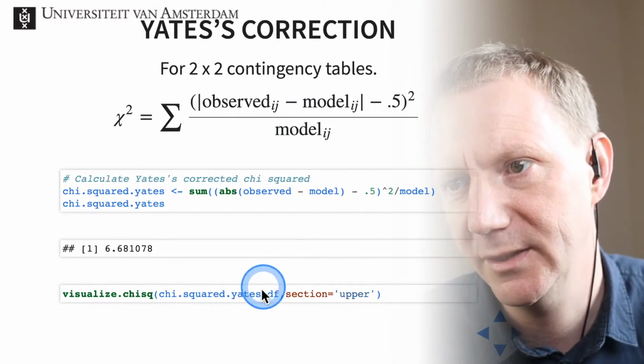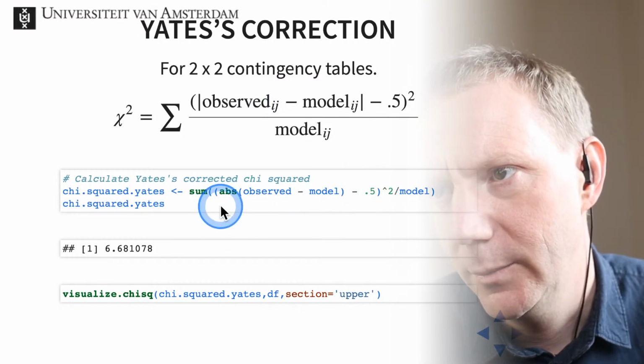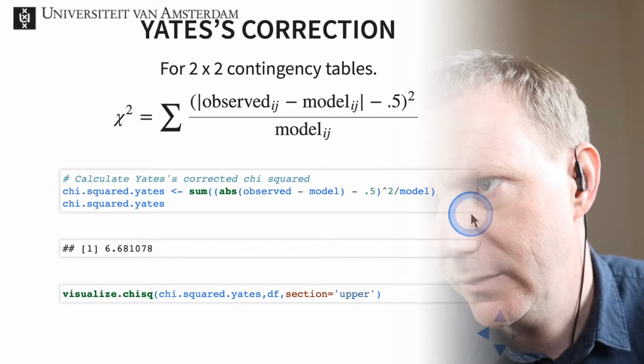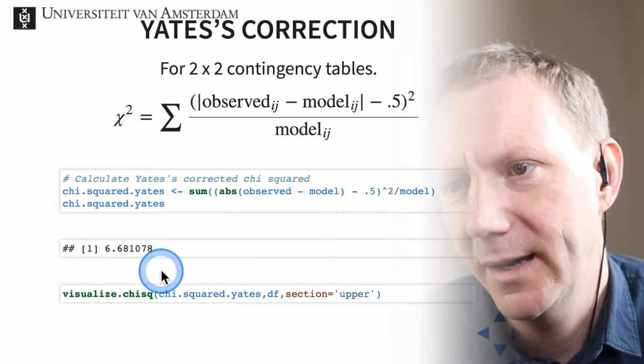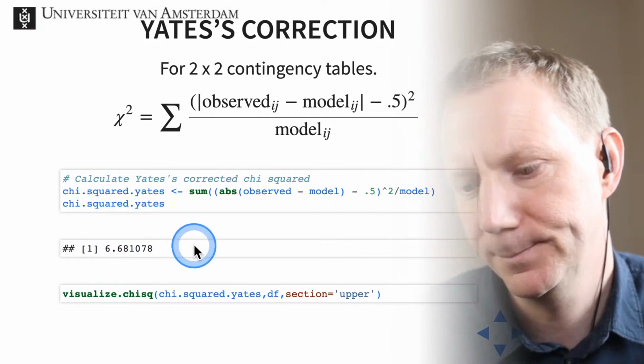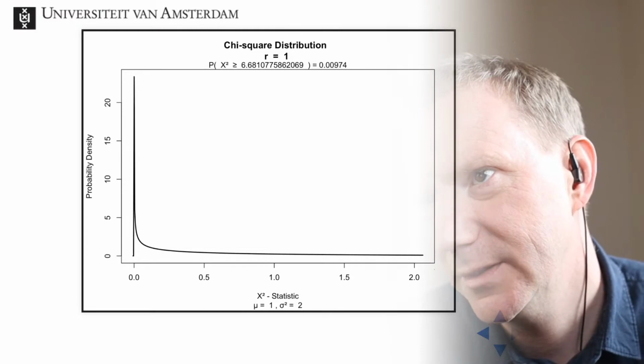chi-square analysis. And if I perform that here by using the absolute difference and subtracting 0.5, dividing by the model again, then I get a chi-square value of 6.6, which I also think will be significant.